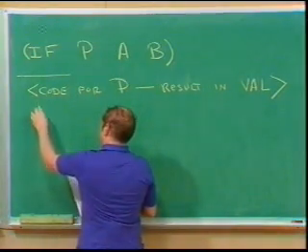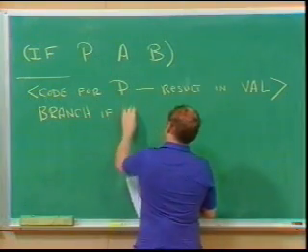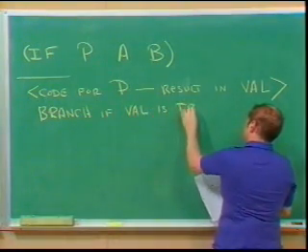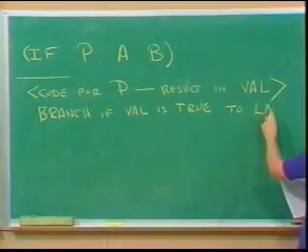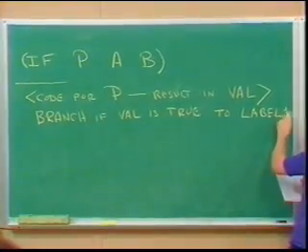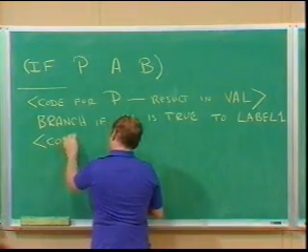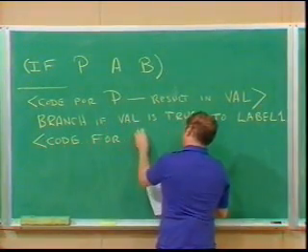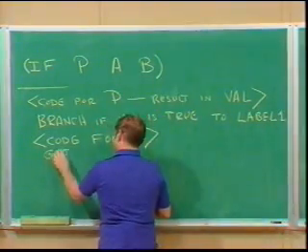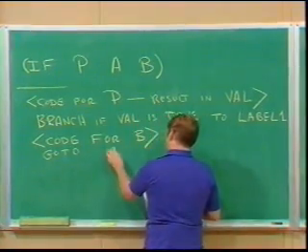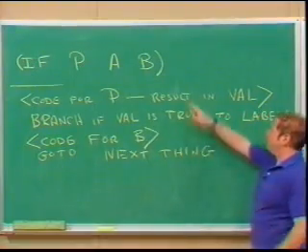And then you compile an instruction that says branch if val is true to a place we'll call label 1. Then we'll put the code for B. So walk the interpreter over B, and then put in an instruction that says go to the next thing, whatever was supposed to happen after this thing was done.